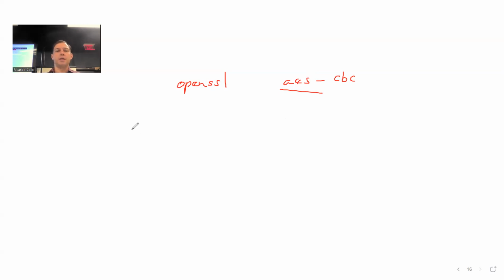So if you remember, as far as block ciphers in the slides, we said that there are many implementations, but two main frameworks or algorithms, which are DES, the data encryption standard, and AES, which is the advanced encryption standard. DES has been broken.